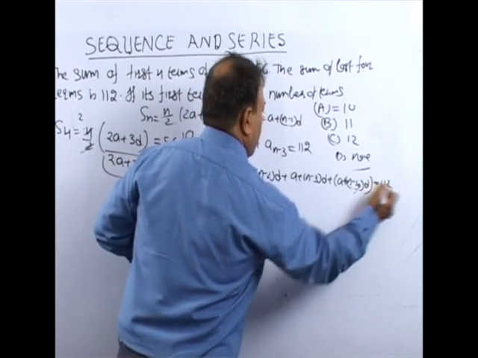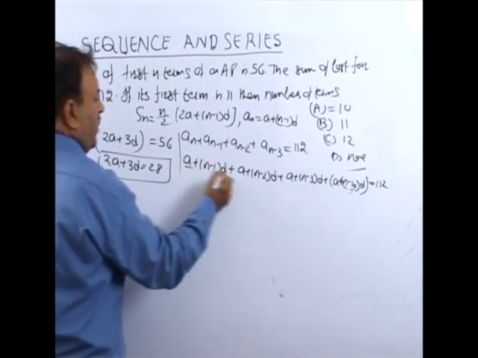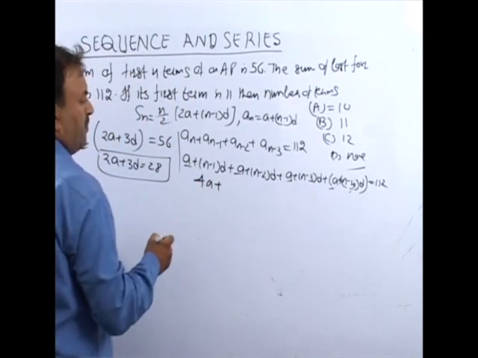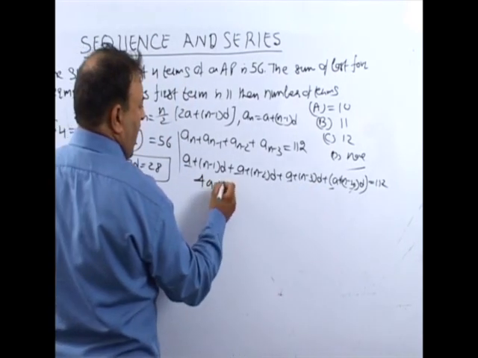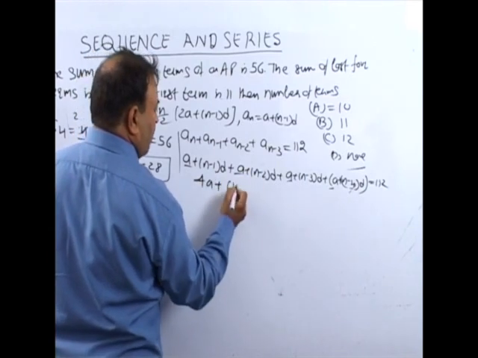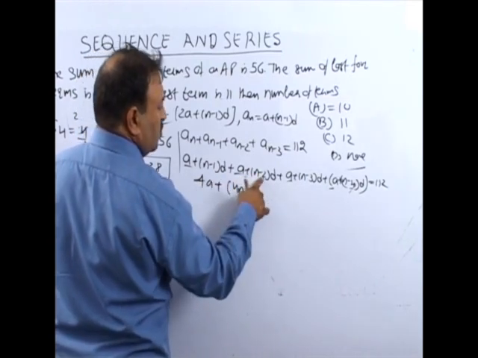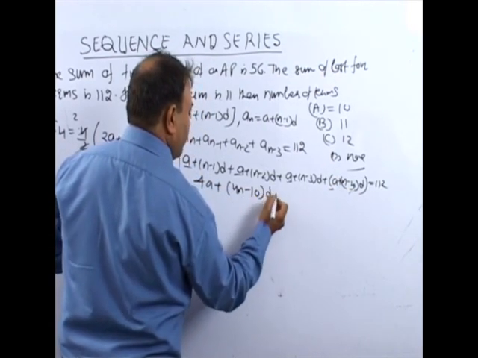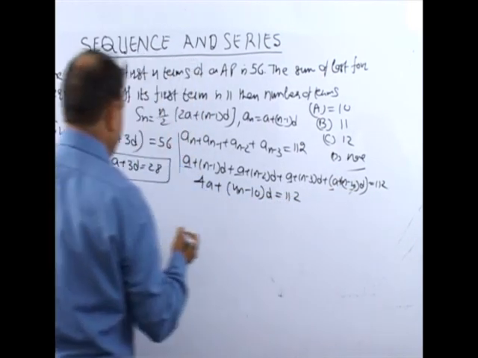This is 112. Now the a's give 4a, and the d terms give (n minus 1) plus (n minus 2) plus (n minus 3) plus (n minus 4), which is 4n minus 10. So 4a plus (4n minus 10)d is equal to 112.